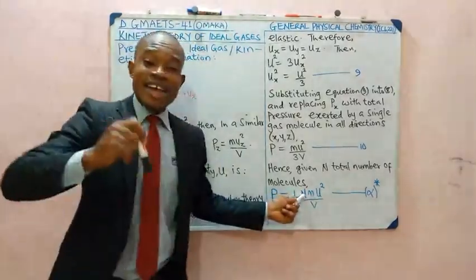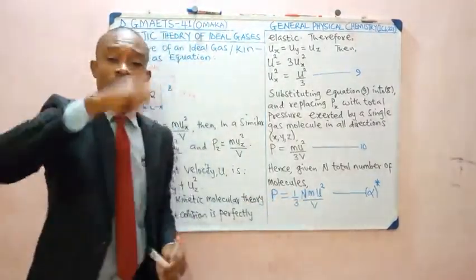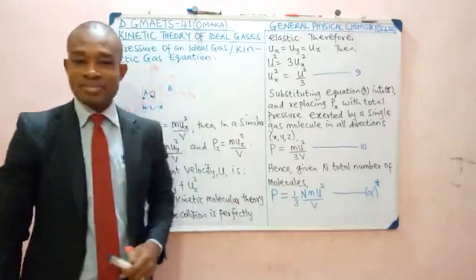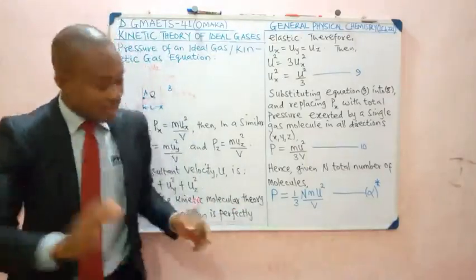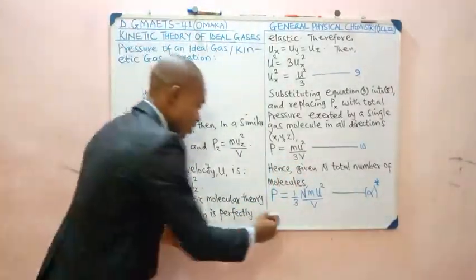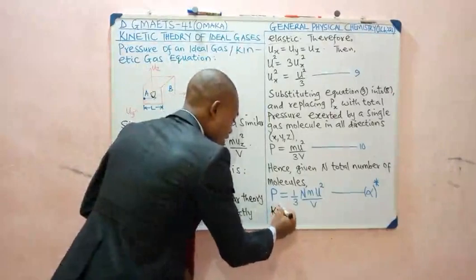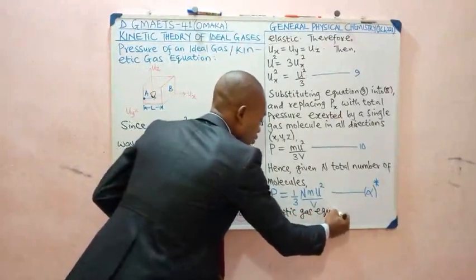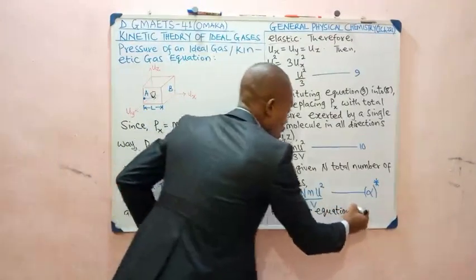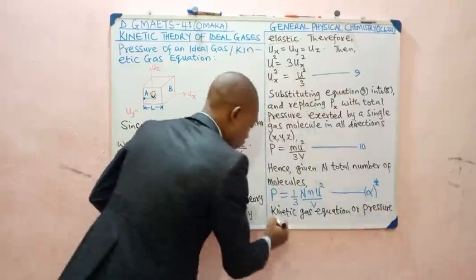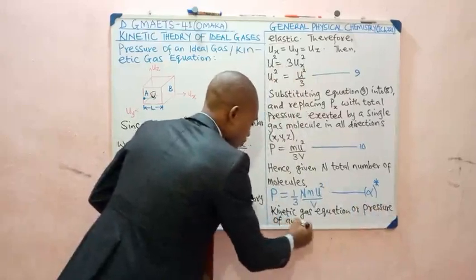This capital letter N times mass is equal to the molecular weight of the gases. And this equation alpha star is the pressure of an ideal gas. We refer to it as the kinetic gas equation, or simply as the pressure of an ideal gas.